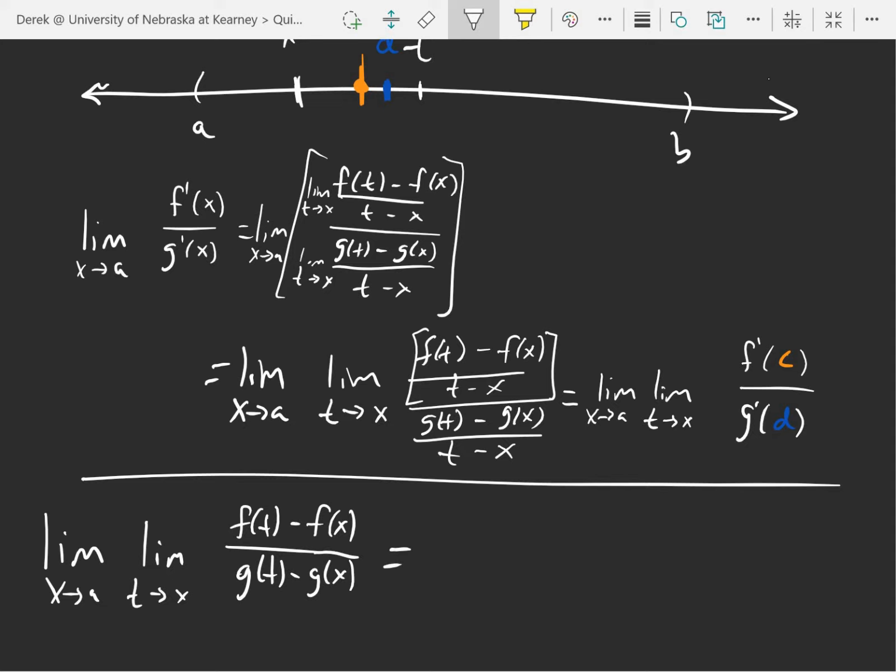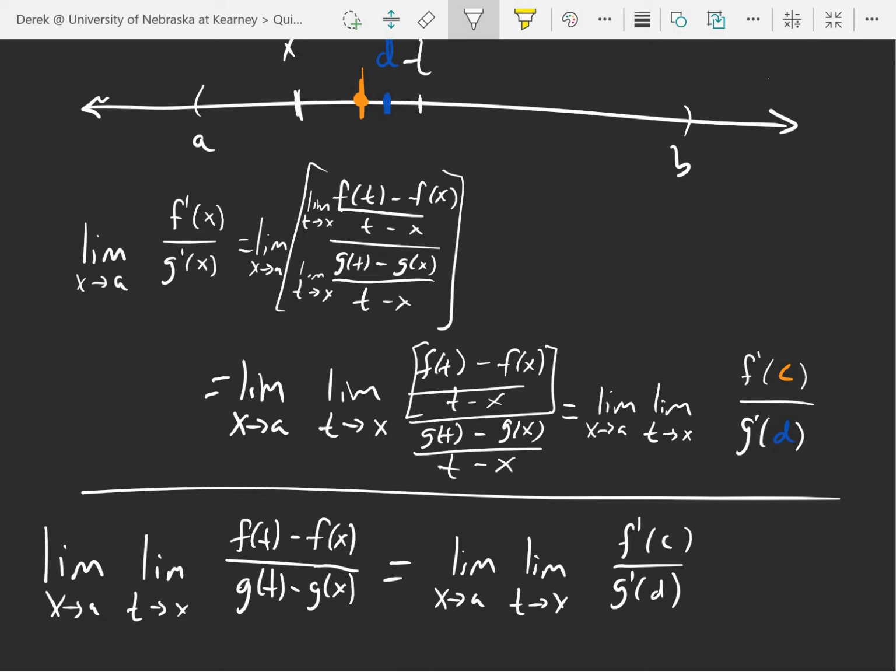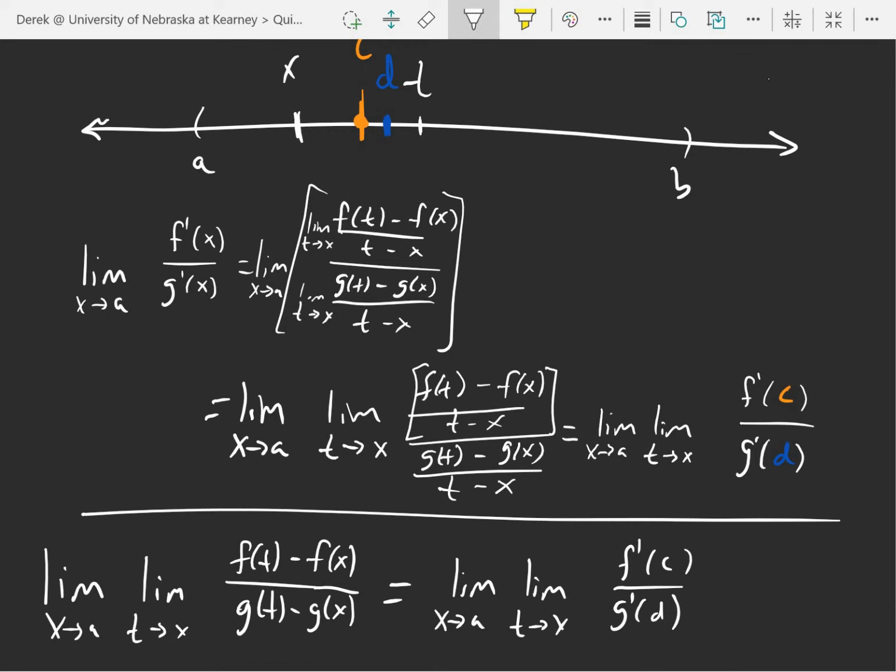And that's going to equal the limit as x goes to a and t goes to x of f prime at c over g prime at d. And c and d are between t and a for sure. Okay.